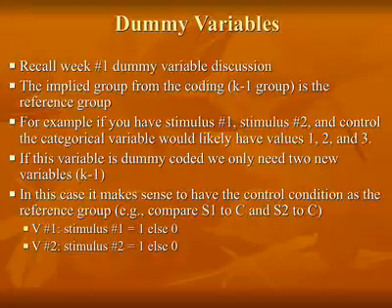And dummy-coded variable number 2, stimulus number 2, is going to be equal to 1, and everything else will be equal to 0. And so 0 on both stimulus 1 and stimulus 2 would imply the control condition, right? Make sense?